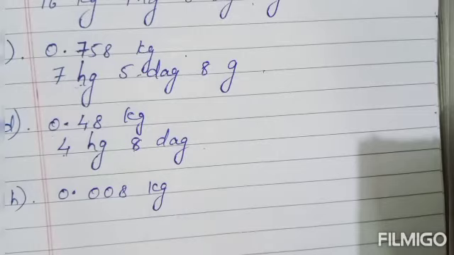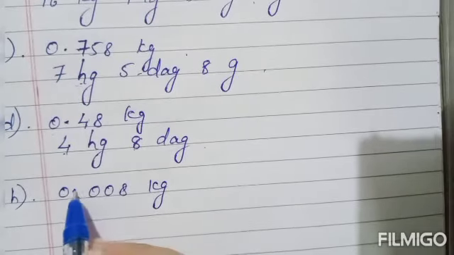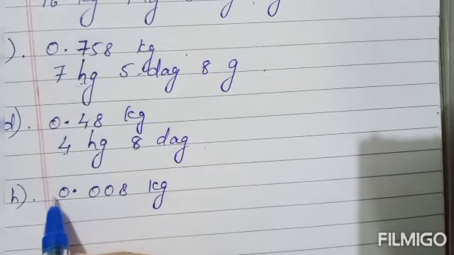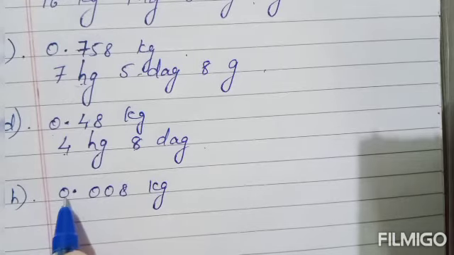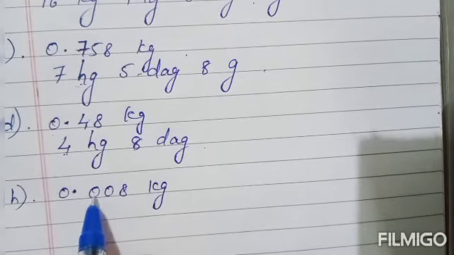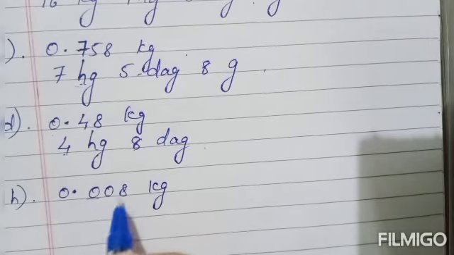0.008 kilogram. So here number that is coming before decimal point, it is 0. So it is 0 kilogram. Okay. Next 10th place. After decimal point, 10th place it is hectogram. That is also digit coming in 10th place it is 0. So 0 hectogram it is. No need to write that.